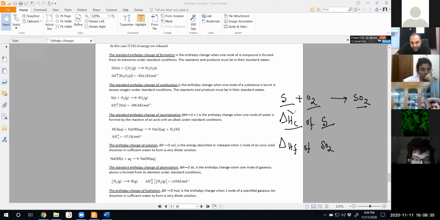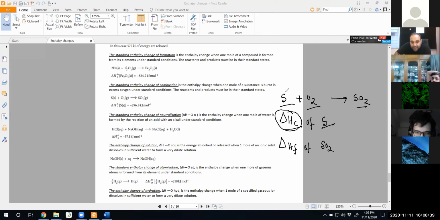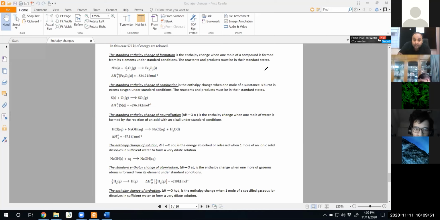So whenever we are concerned with enthalpy change of combustion, what are we concerned with? We are concerned with the reactant. We have to make sure the reactant is 1 mole. And whenever we are concerned with formation, we have to make sure that 1 mole of the product is formed.